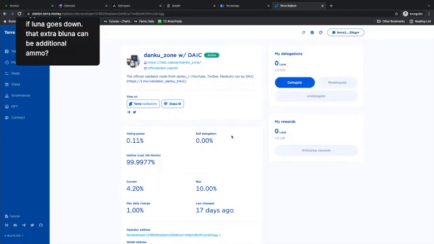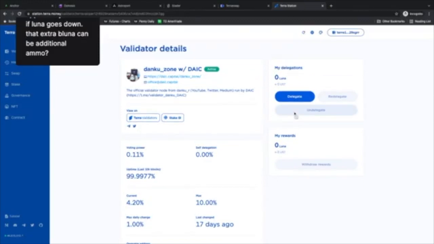They provide that neat burn page that we all follow to see how much Luna is being burned. Some validators like PFC, some folks are developers and they help build things in the ecosystem. There are all sorts of different reasons why people become community validators, but it does help the general community for people to stake with those folks. So that's pretty much what you need to know about staking for now.